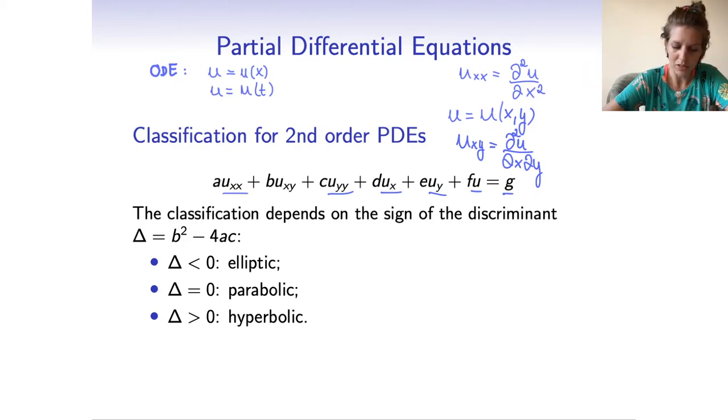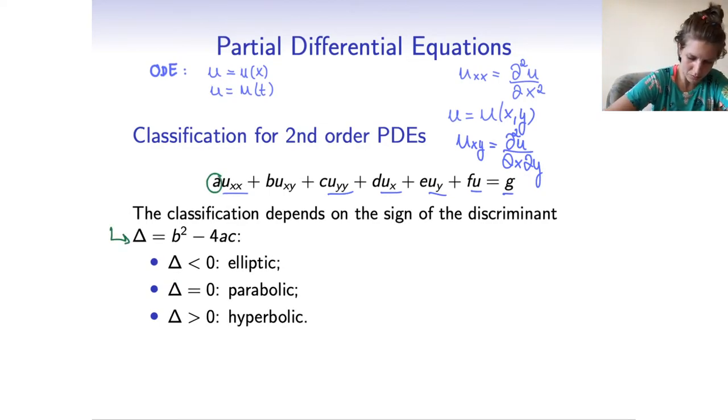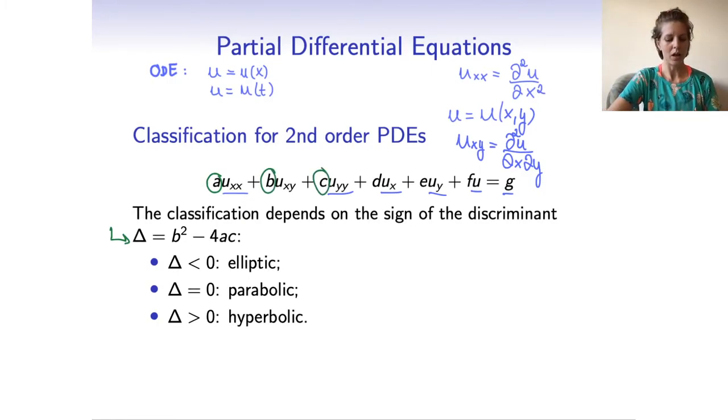This classification depends on the sign of the discriminant, which is given by b squared minus ac. So if this delta is negative, we say that our PDE is elliptic, and if this delta equals 0, it is parabolic, and if it's bigger than 0, then it's hyperbolic.